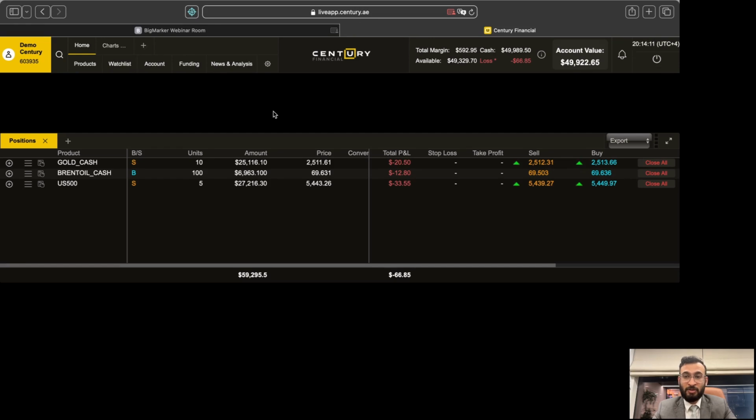Now for that to happen, of course, it's really bad luck, but the chances of that happening are slightly less. So it's a game of probabilities. So I want to make sure that my losses do not exceed 1% of my total account value. I've put $50,000, I don't want to lose more than $500. So I'm putting my stop losses accordingly. I'm keeping my quantities very low.